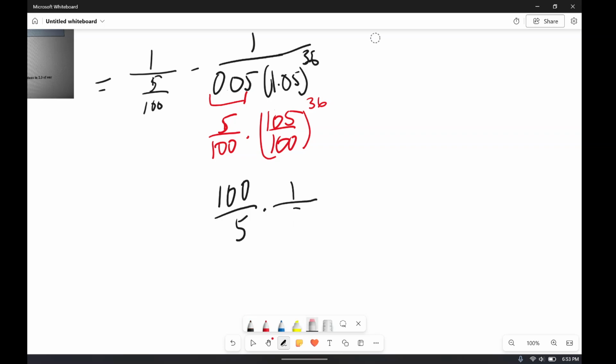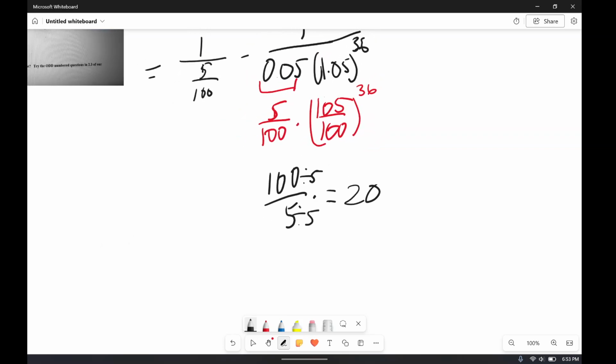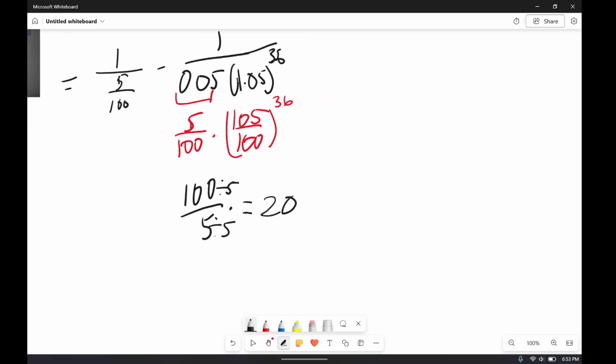This is very hard to simplify because it's so weird. 100, so you can divide this by 5, of course. 100 divided by 5 is going to be 20, right? So 105 over 100, maybe we shouldn't put this into a decimal. Okay, I know you can distribute this, which would be 100 to the 36th power, 105 and 100 to the 36th power.